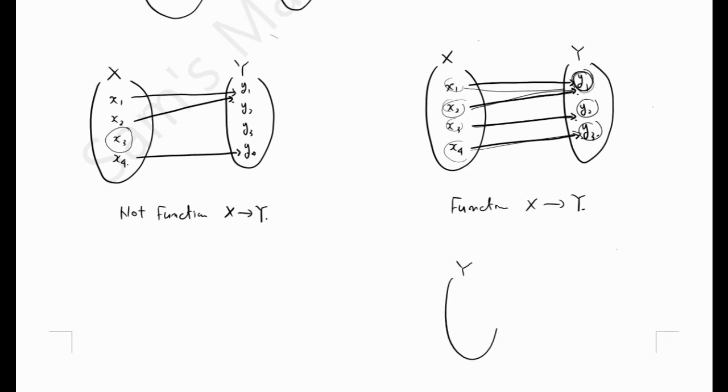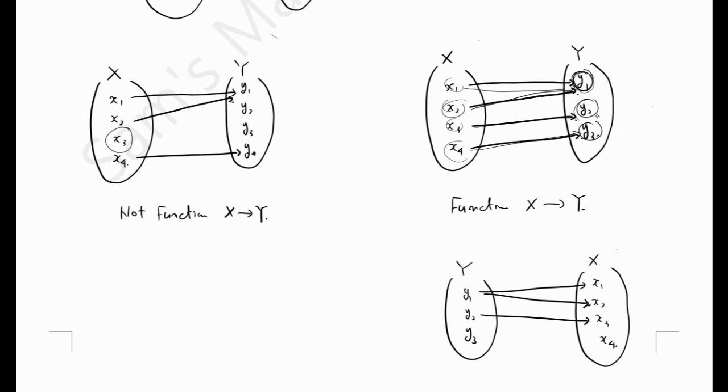So Y has discrete elements Y1, Y2, Y3, and set X has discrete elements X1, X2, X3, X4. Y1 is mapping to X1 and X2. Y2 is mapping to X3. Y3 is mapping to X4. All elements in set Y participate in mapping, so this mapping satisfies the first condition.